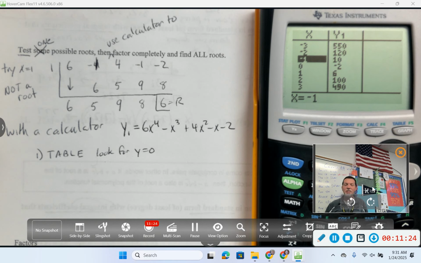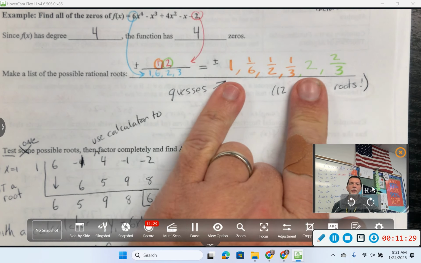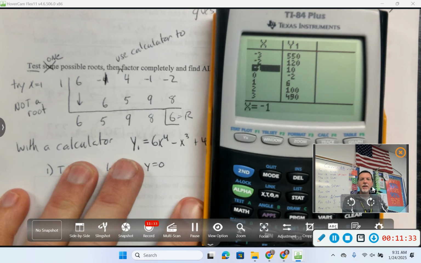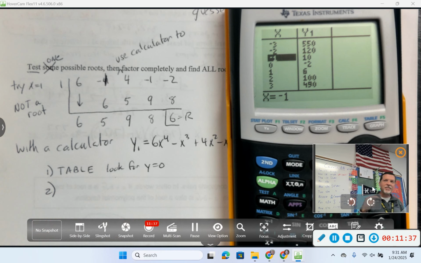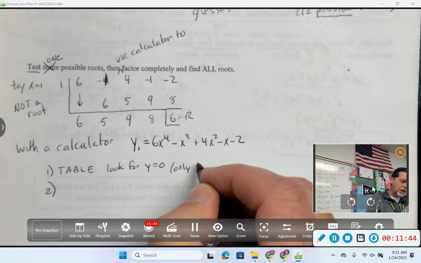Which, if I was just guessing, that means I could rule out all my integers. Plus and minus 1 and 2 aren't going to work because they don't make 0. So table is nice because it's quick and easy. It just only works for integers, unless you really know how to play with the table.